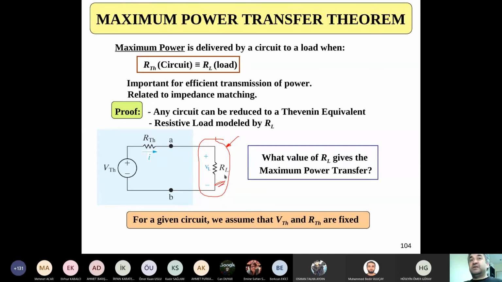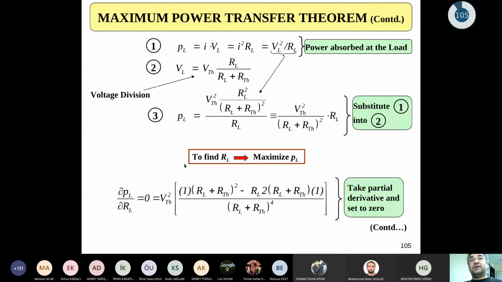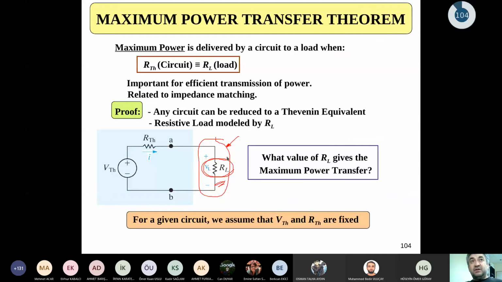That value is proportional to the resistance value in here. Instead of doing the analysis for a whole big circuitry, we can just take this Thevenin equivalent, put a load resistance in here, and find the value of R of L to get maximum power transfer.